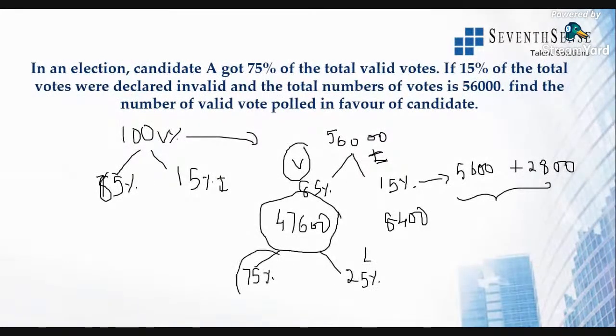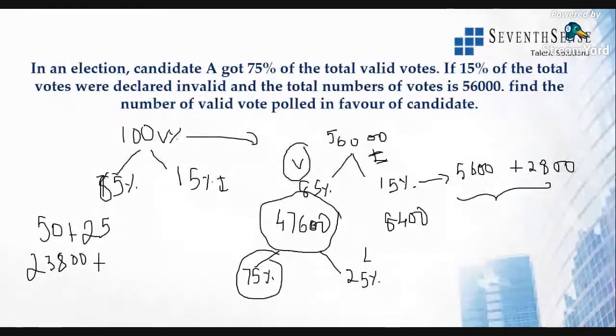Just find 75%, which is nothing but 50 plus 25. 50% is half of that value. So half of 476 is 238, that is 23,800. Then 25% is 1/4, or divide this by 2, so that becomes 119.